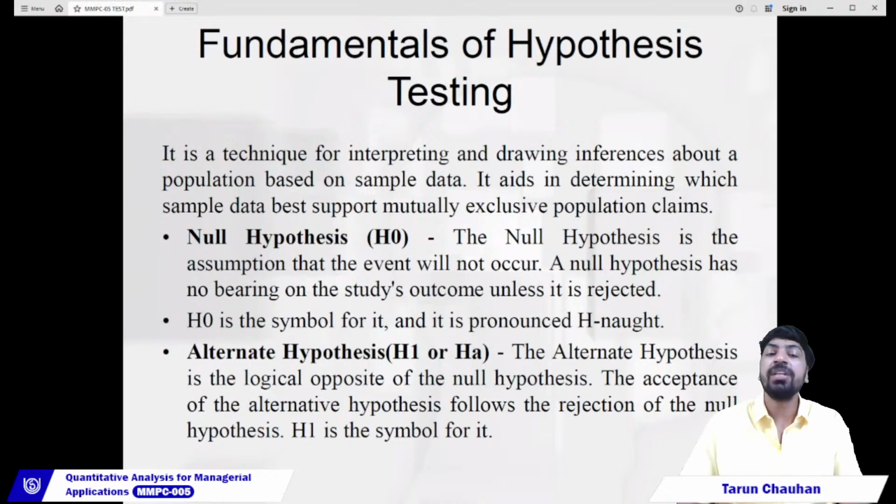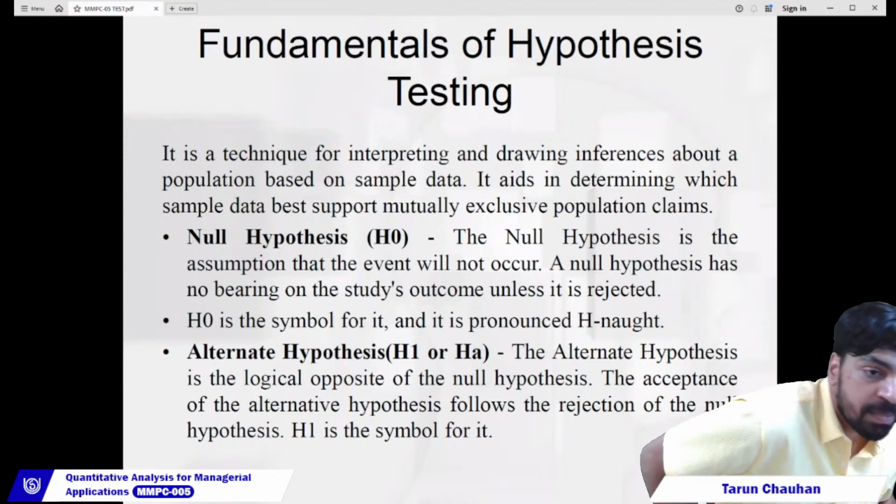It is classified into two categories, the null hypothesis and the alternate hypothesis. What is the null hypothesis? It states that there is no significant difference between the two variables, or no significant association or no significant relationship between two variables.